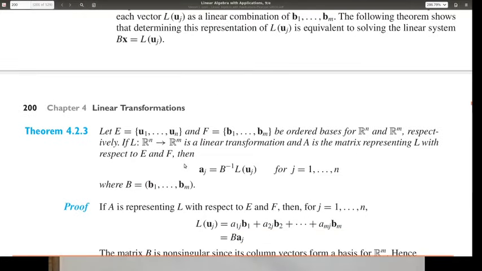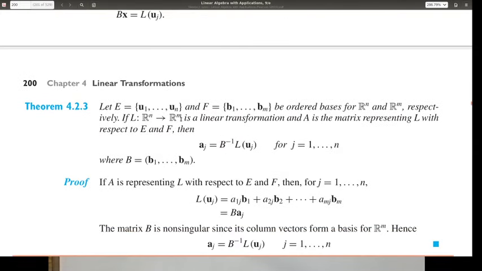Okay, here's another theorem. This tells us that if you have a basis for the first vector space Rn and another basis for Rm, so u1 to un is the basis for this, and b1 to bm is the basis for Rm. And if you have a transformation that takes an n vector to an Rm vector, so we're no longer talking about general vector spaces, we're talking about a specific n-dimensional real space, and a transformation that takes it to an m-dimensional real space.